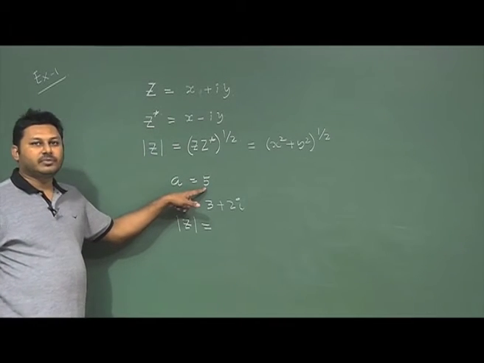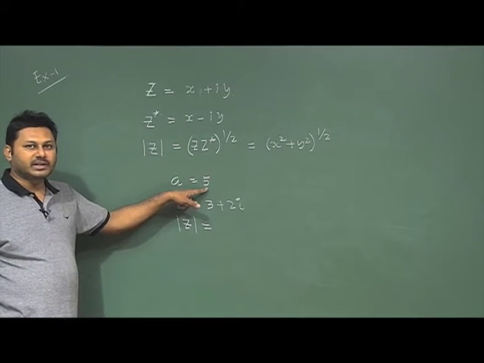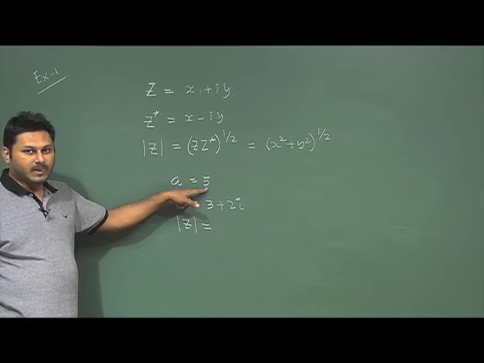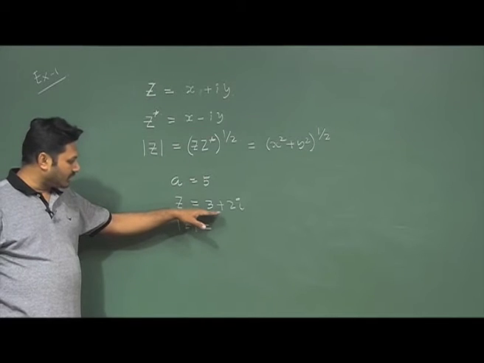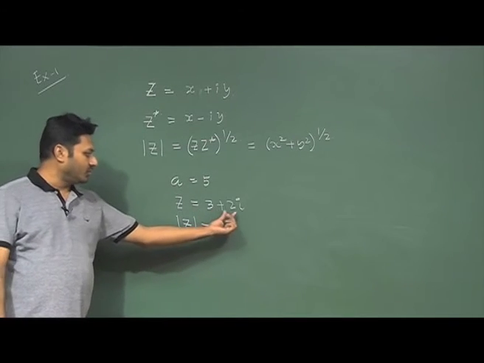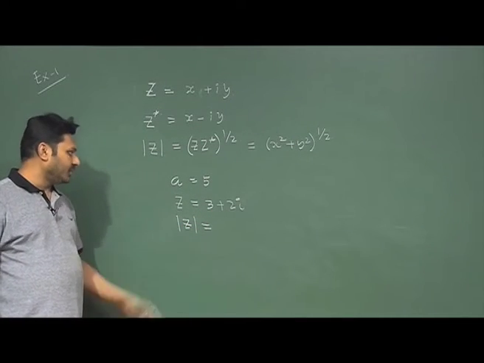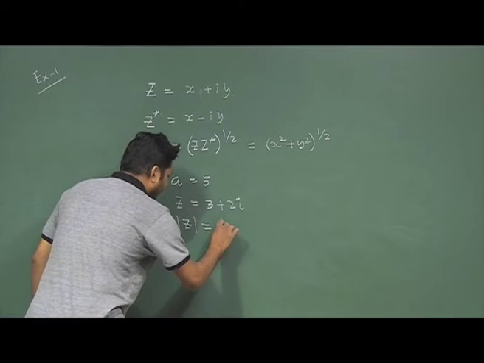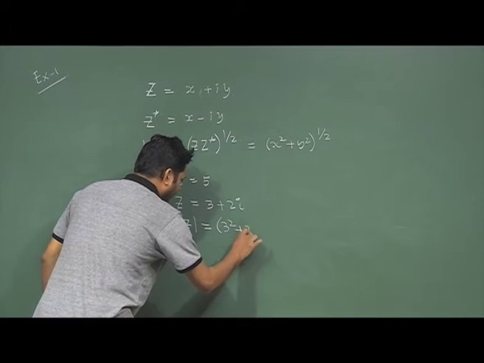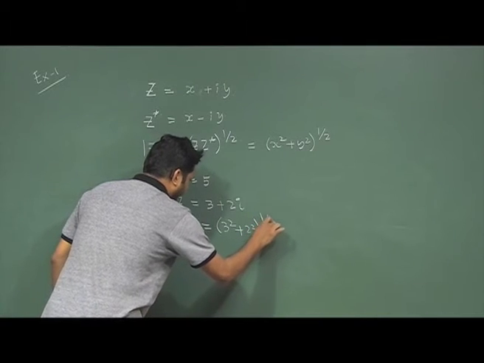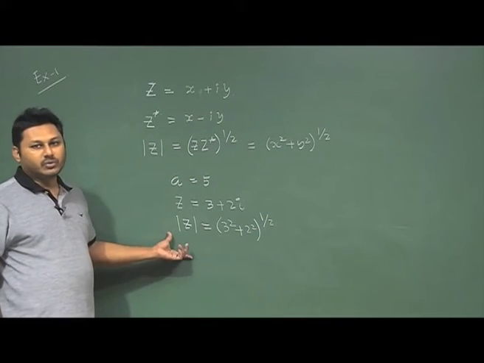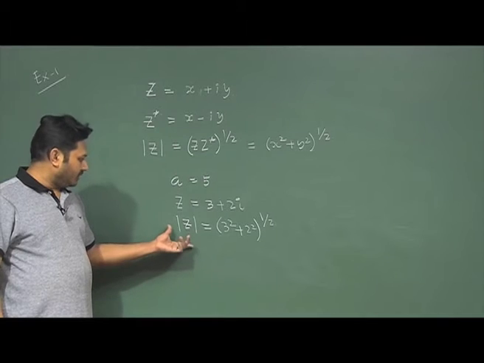It is not trivial. For a real number the magnitude is already 5. But here the magnitude is, what should I write, 3 or 2? It is not like that. The magnitude is 3 square plus 2 square whole to the power half. Why is that? I am going to explain, but not today, in the next class.